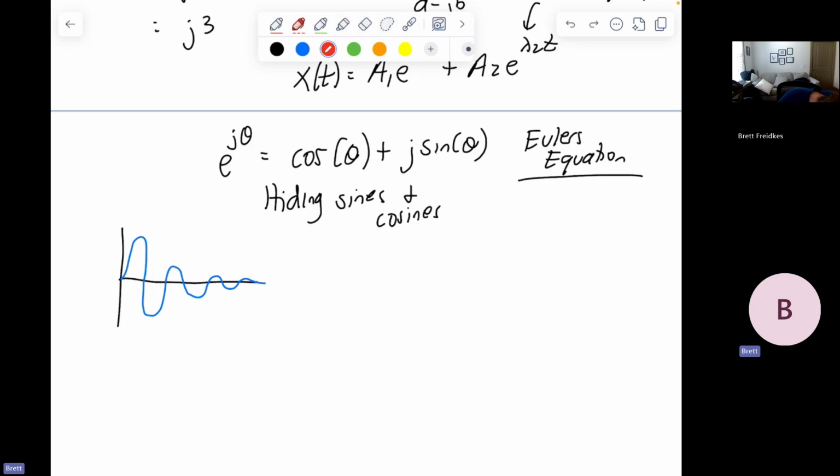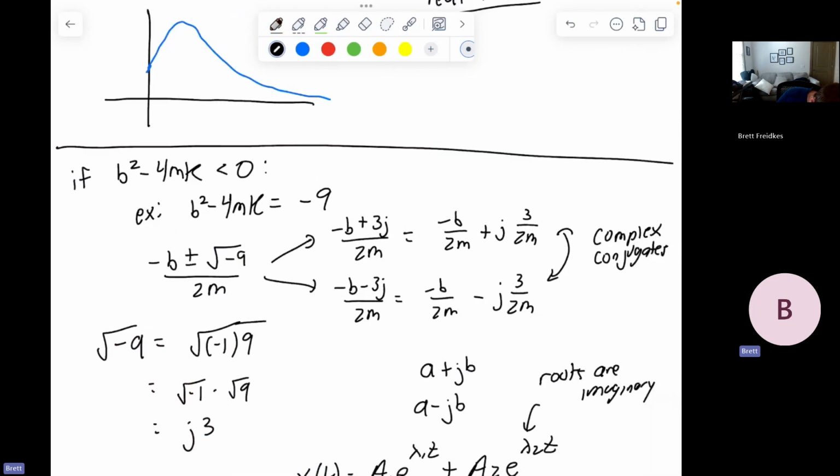But if you were to look at what's called the envelope of the motion, this is the envelope, you'll see that that ends up being an exponential, and within that exponential is the actual motion that is oscillating back and forth and slowly decaying. So I have my mass, and if you're looking at me, you have the mass, it's going back and forth, and then it's slowly dying, and then stopping. But it's doing so in a sinusoidal manner. This is what we call an underdamped system.